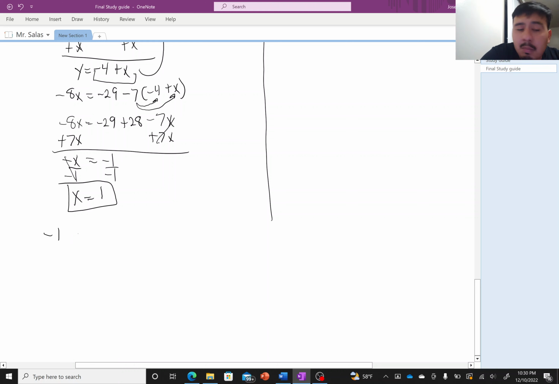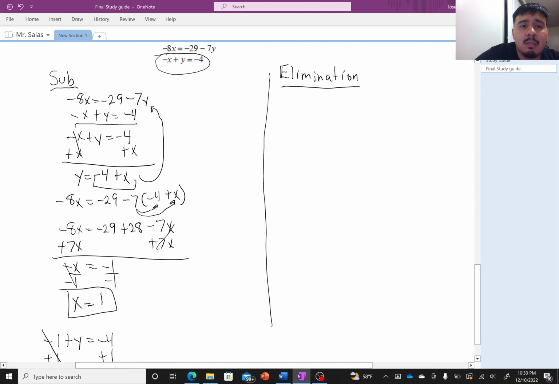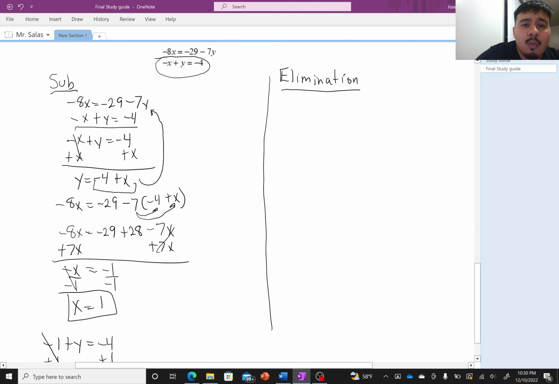And it was negative x plus y is equal to negative 4. Next up, I'll just add 1 to both sides. Plus 1 plus 1. The 1's cancel out. I get that y is equal to negative 3. I have my y value. I have my x value. The solution to my system was 1 comma negative 3. That was my answer.